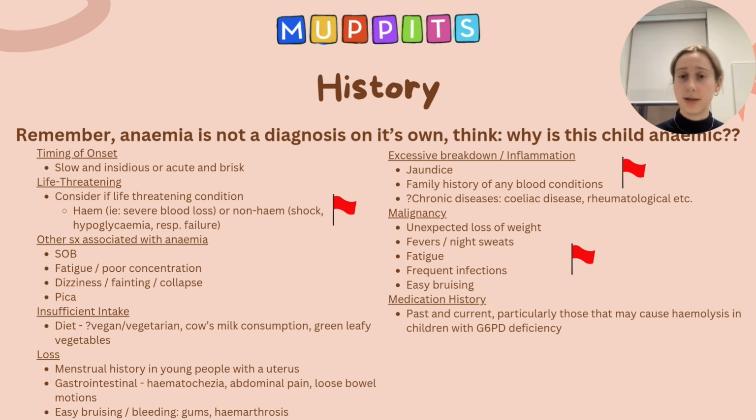In terms of considering losses of blood that may result in anemia, considering the menstrual history in young people with a uterus, and making sure to quantify blood loss in terms of amounts of sanitary products used, considering gastrointestinal causes of blood loss, for example, hematochezia.